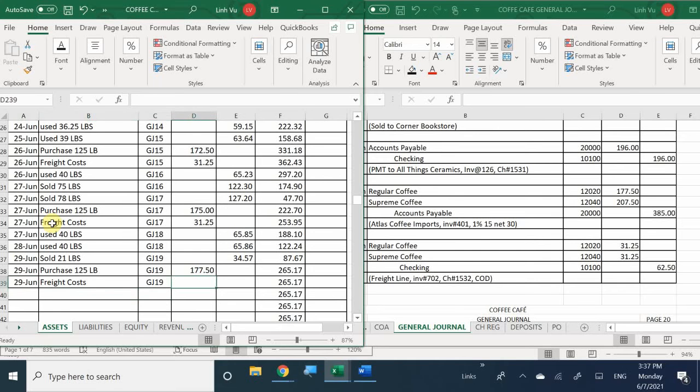Same day, July 29th, delivered. We're under assets, and what are we under right now? The regular coffee. Assets, regular coffee. Yes. Then purchase 125 and general. Okay.